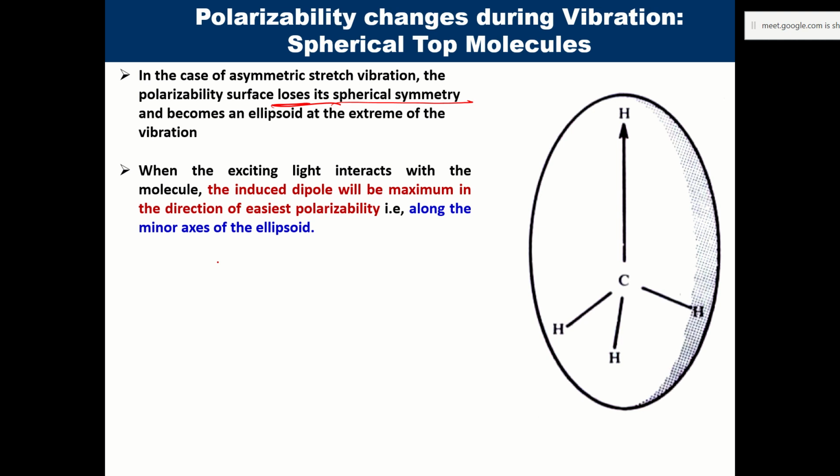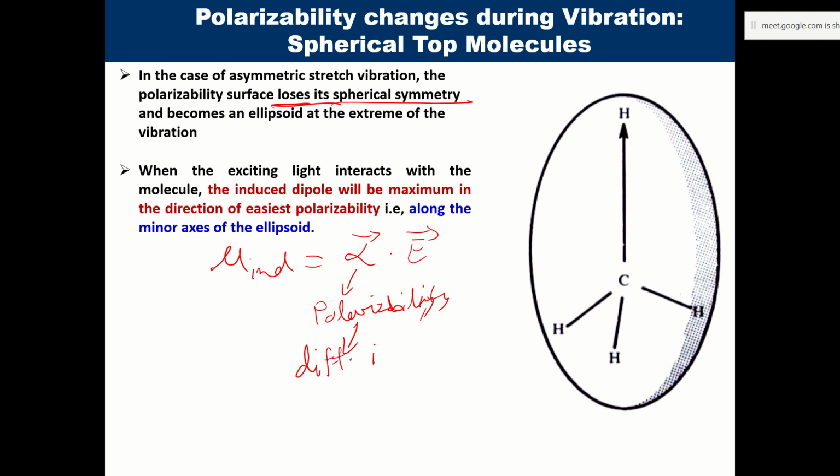Now again, mu induced will be alpha E, but the polarizability is different in different directions. In the previous case, when the vibration was symmetric, the polarizability was the same in all directions, but here alpha will be different in different directions.